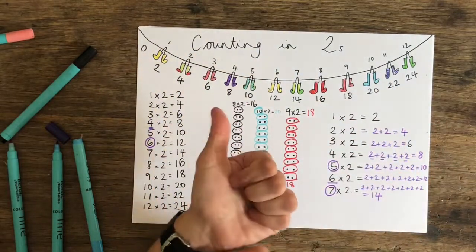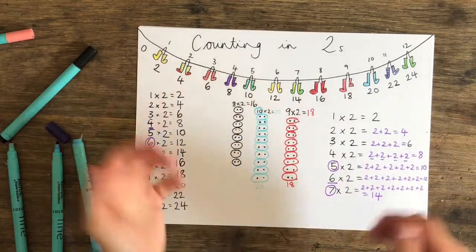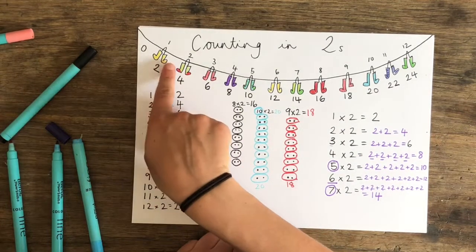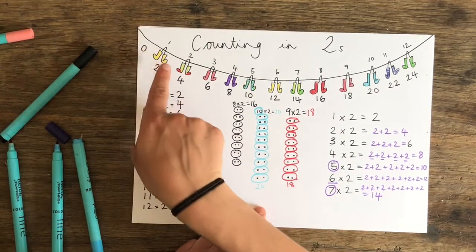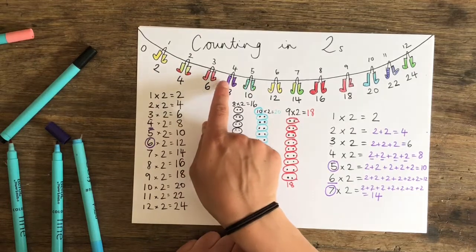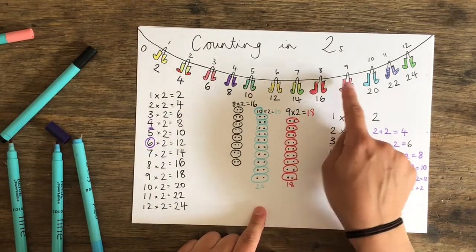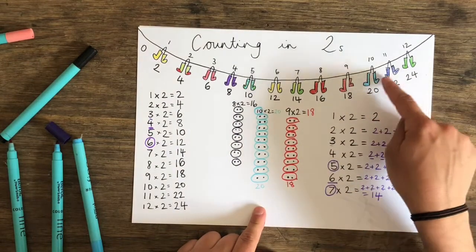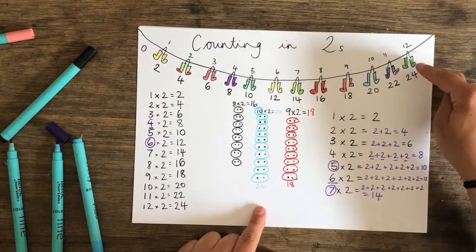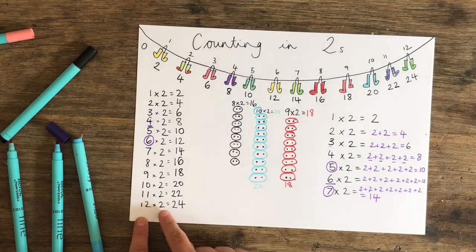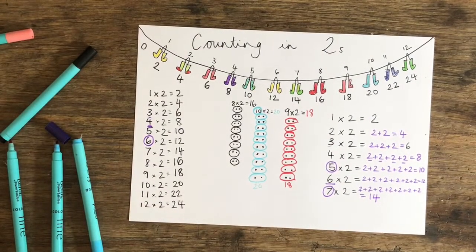That's 10, 22, 24. That's 12. Or we could just count up in ones. 0, 1, 2, 3, 4, 5, 6, 7, 8, 9, 10, 11, 12, 13, 14, 15, 16, 17, 18, 19, 20, 21, 22, 23, 24. So 12 times 2 is 24.